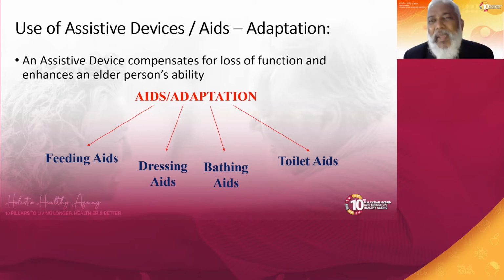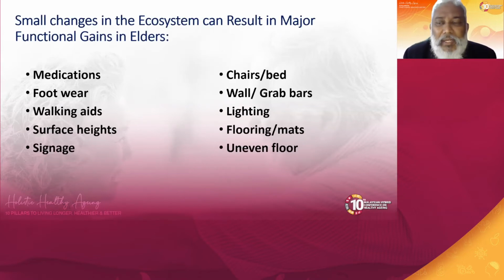There are many kinds of adaptive tools for feeding, dressing, bathing, and toileting, and so on. We'll be talking about all this in my presentation, and we can take questions at the end.